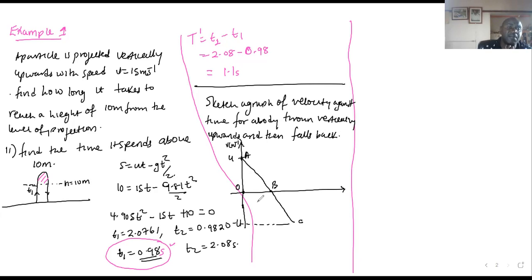So when the particle is projected upwards, what happens? The velocity goes on reducing.